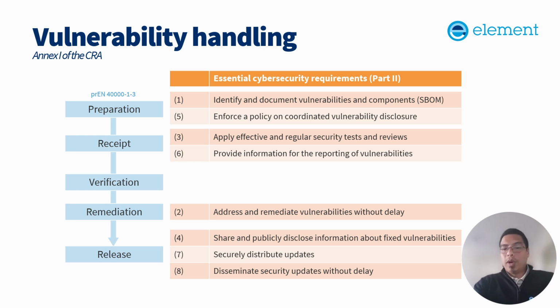In any case, once vulnerabilities or potential vulnerabilities are identified or highlighted to your organization through whichever means, the CRA doesn't specifically require this, but the standard does mention it, and I think it's a good thing to do and a natural thing to do, which is to do a sort of triage or verification of these vulnerabilities. How important are they? How severe are they? Are they actually exploitable?